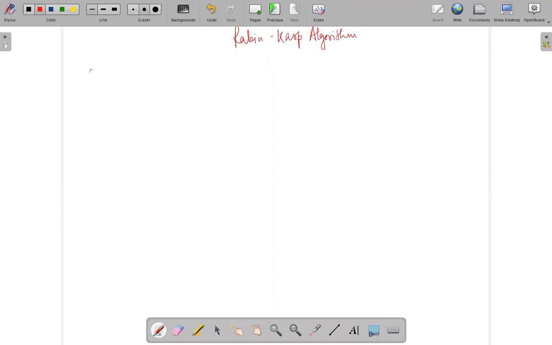Let us say that n is equal to the length of the text string and m is the length of the pattern. Okay.